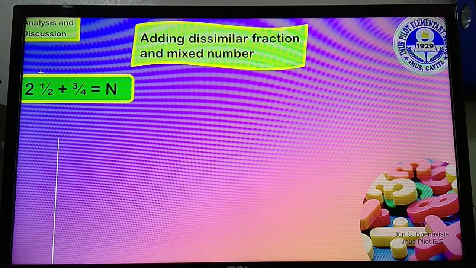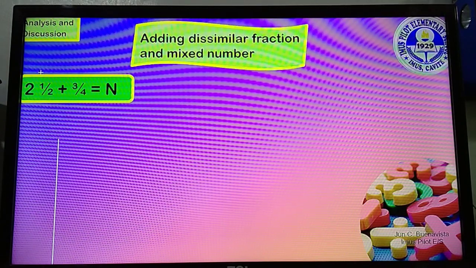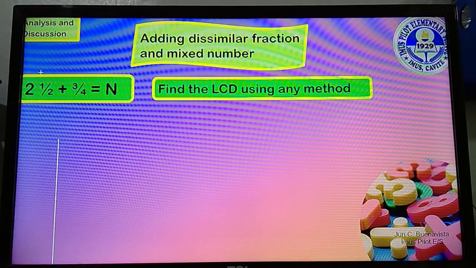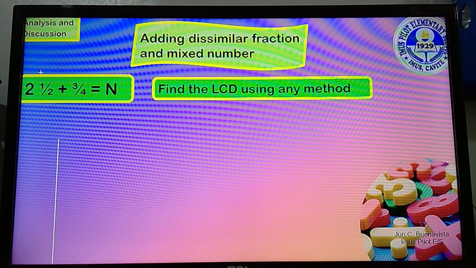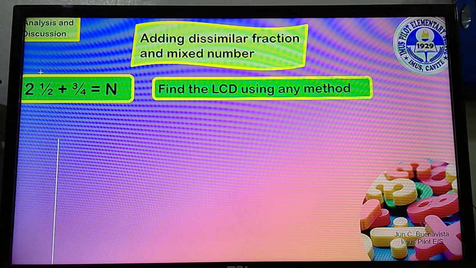Now, since our fractions are dissimilar fractions, as I told you a while ago, we are going to find the LCD in order to add the fractions. Find the LCD using any method. You can use different methods in finding the LCD or the LCM of a number.